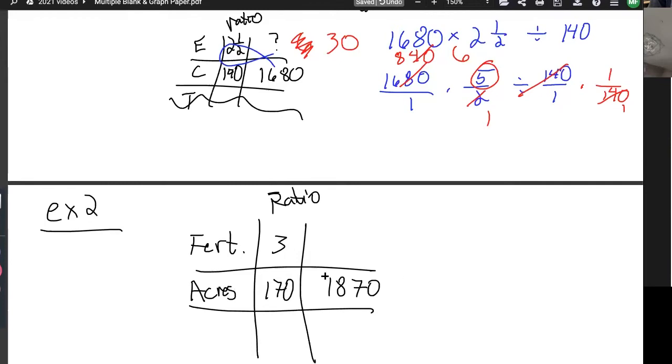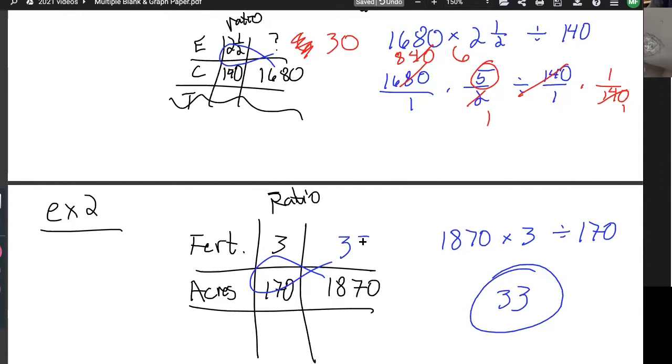So that goes in the acres column. Now we're going to fish method that. No problem. 1870 times 3, all divided by 170, right? That's the fish method. When I do that, I get 33. So 33 tons. That's pretty simple, right? That's just fish method. When you don't know, tic-tac-toe. No problem, okay? That's lesson 75.